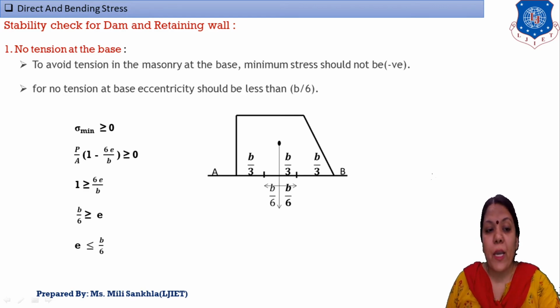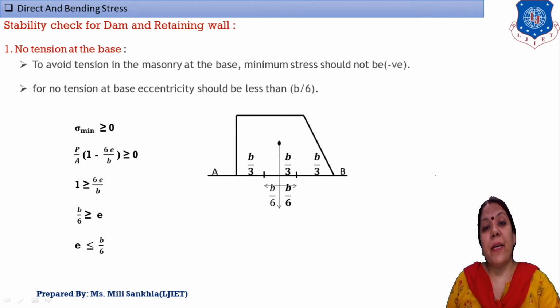If we write e on the left-hand side, we cross multiply: B by 6 is greater than or equal to e. Making e the subject, the relation becomes e less than or equal to B by 6.